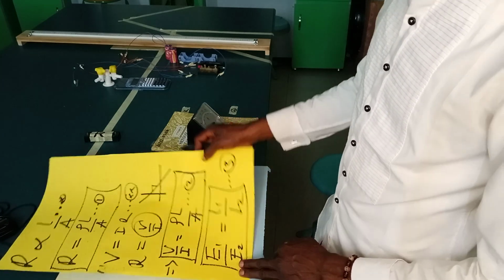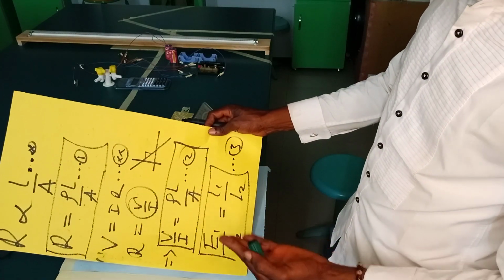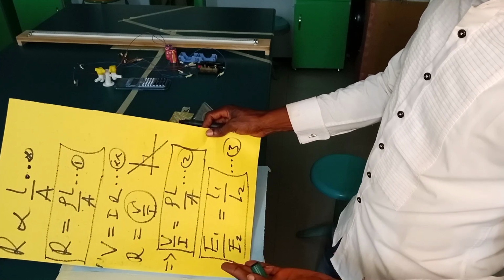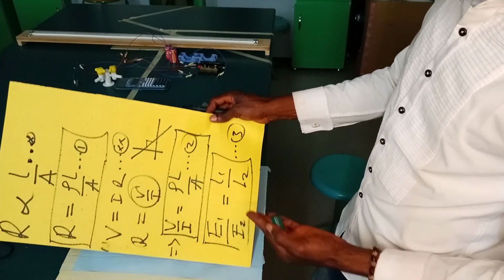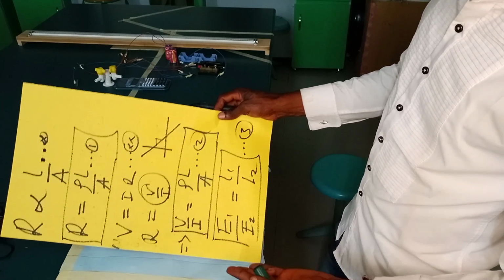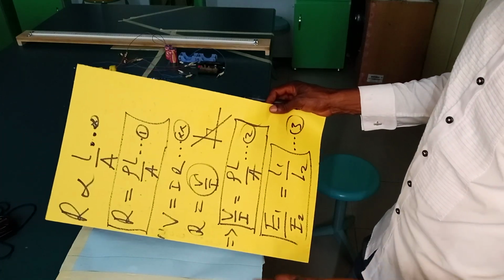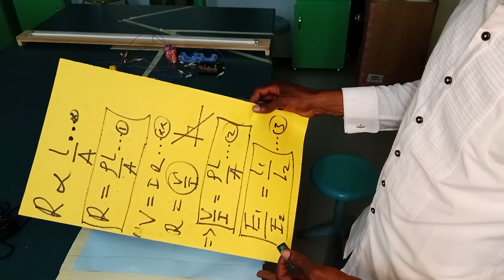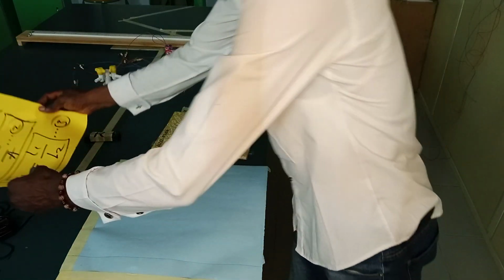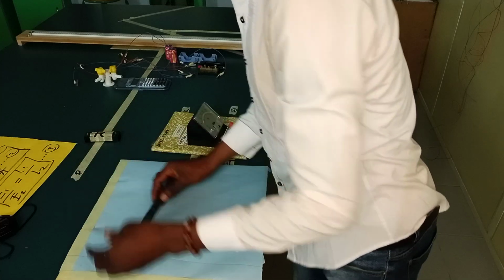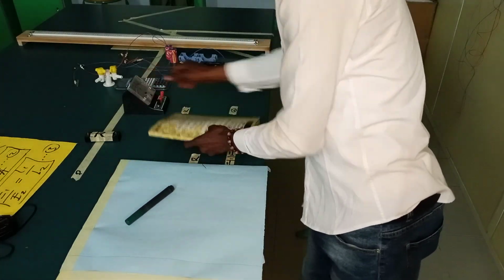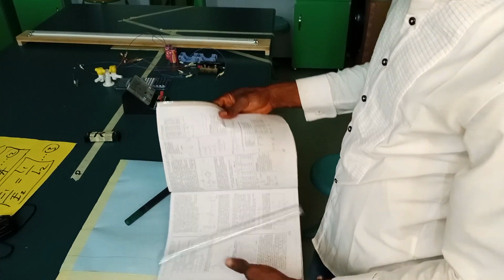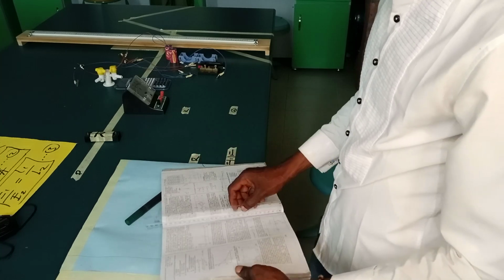Equation number 3 is a potentiometer equation that is used to determine the value of the unknown EMF in the circuit or in a cell. So these are the basic potentiometer equations. With this, we will proceed to run the experiment. Let us look at the instructions for the experiment quickly.